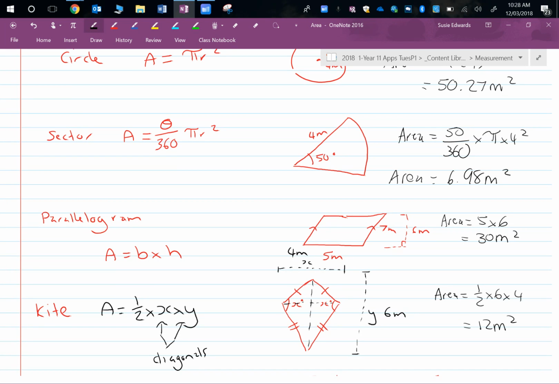So they told us across the top was 4 meters. They'll tell you. You don't have to work it out.